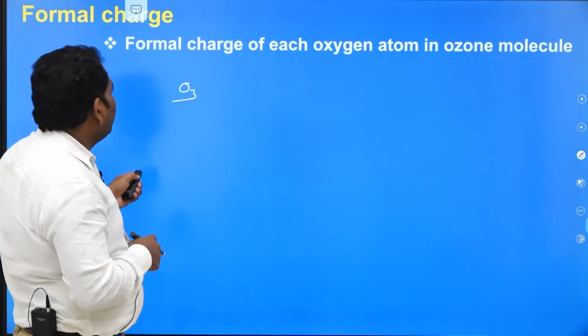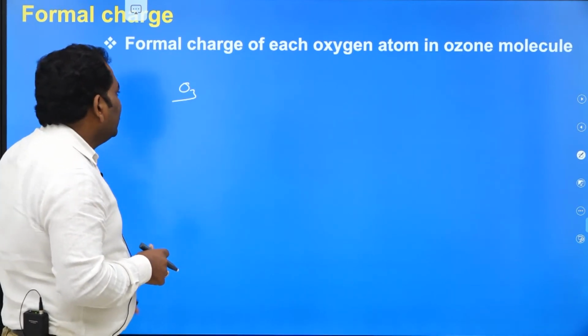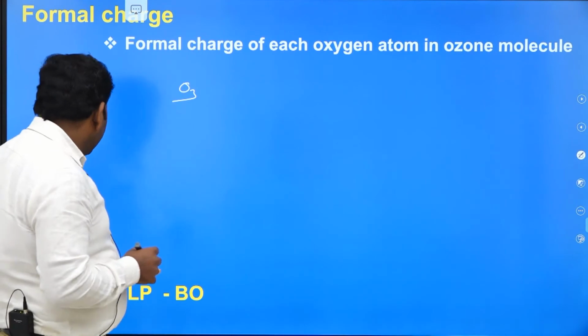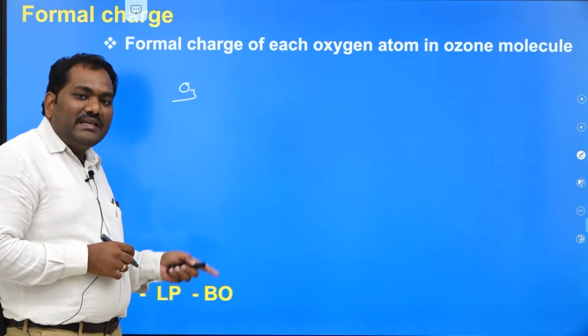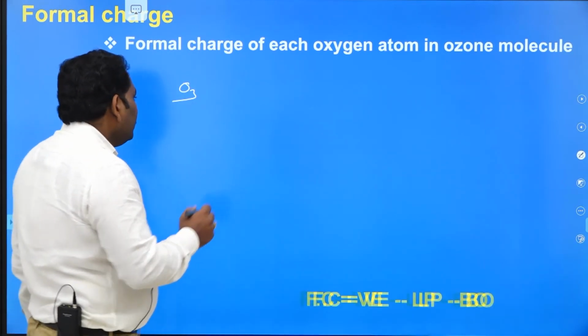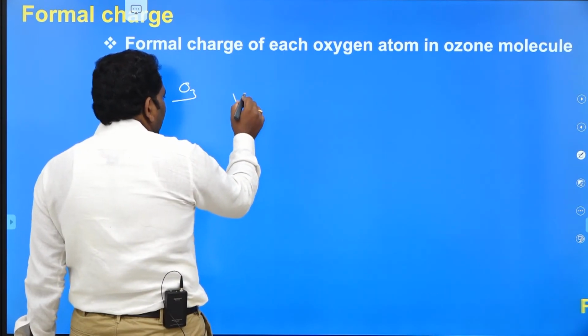The formula is Fc equals VE minus LP minus BO. First we have to calculate the valence electrons.